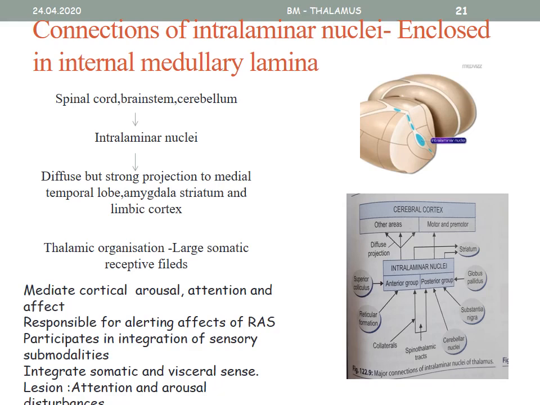They have large somatic receptive fields. So what are the functions? They mediate cortical arousal, attention and affect, responsible for alerting effects of reticular activating system, participates in the integration of sensory submodalities, integrates somatic and visceral senses, the lesion of which will cause attention and arousal disturbances.